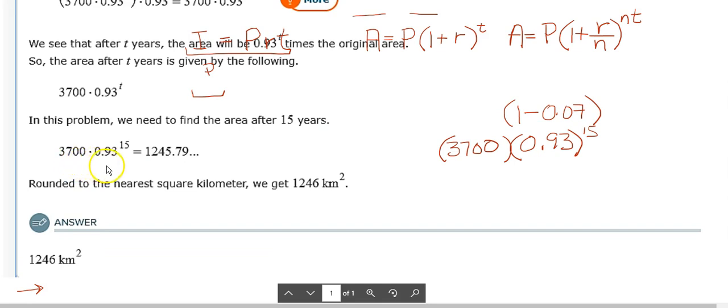So there is the answer. Put that in your calculator just to verify. So when you round off to the nearest whole, since this is 7, the 5 becomes a 6. And there's your answer.